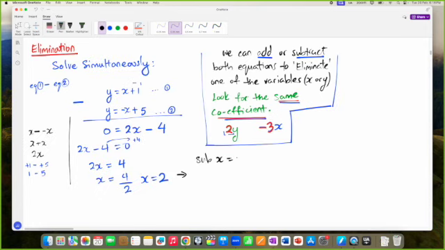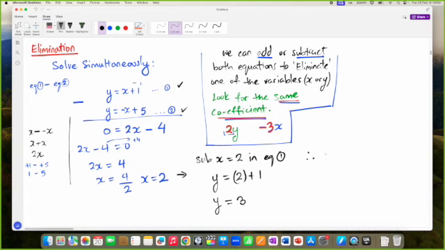You could substitute x equals 2 in either equation, equation 1 or equation 2. You'll get the same answer for both of them. So sub x equals 2 into equation 1, which looks easier. So y is equal to x, which is 2, plus 1. y is equal to 3.